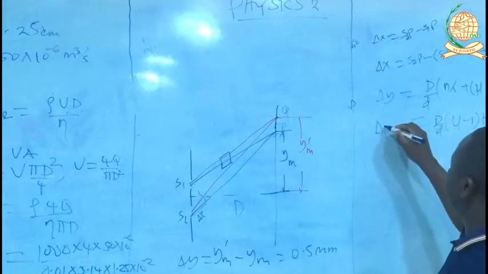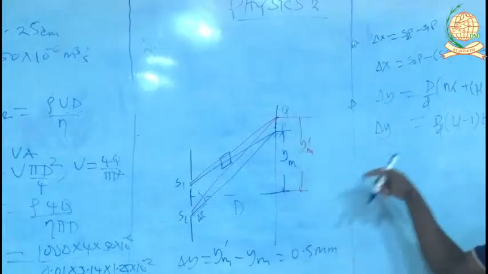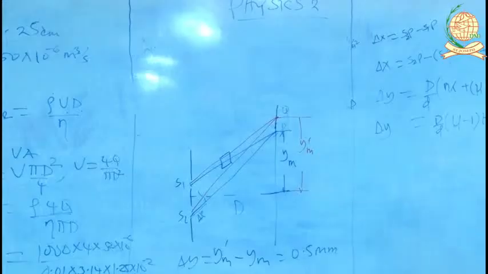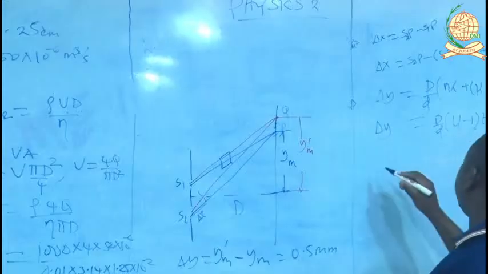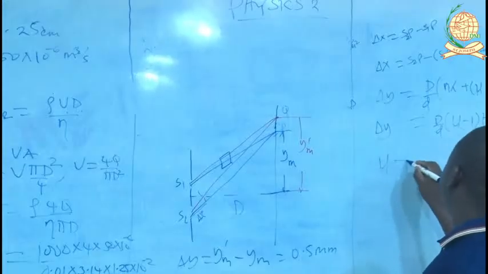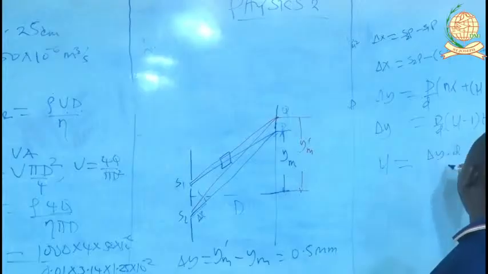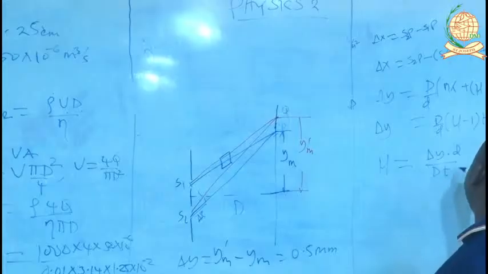So the shift in fringe equals this one. So the question is to find the refractive index. We are looking for this one. So refractive index will be equal to shift times d over D times t, then plus 1.